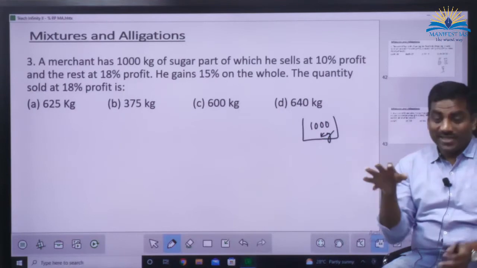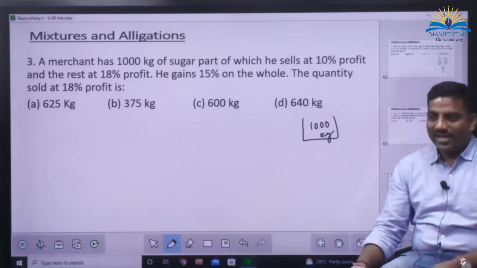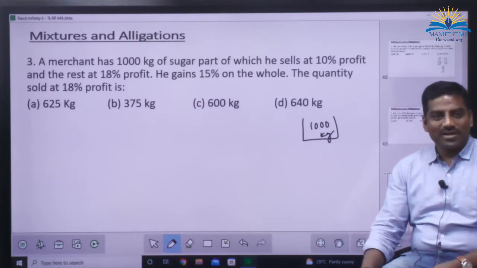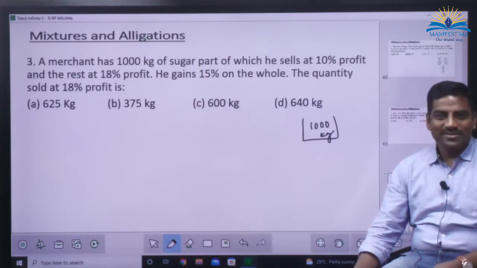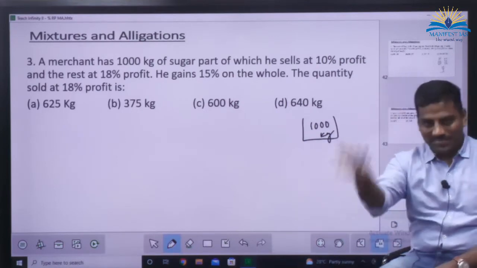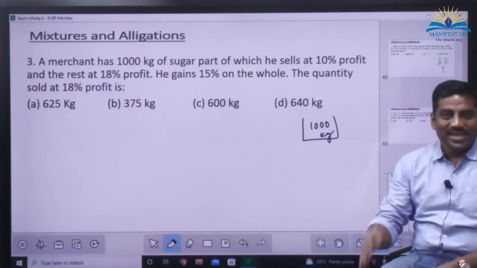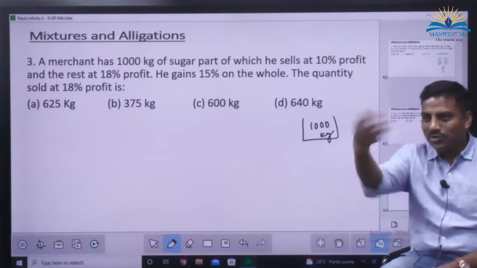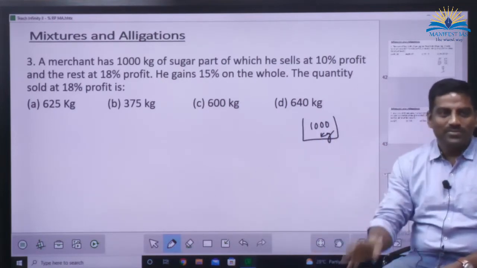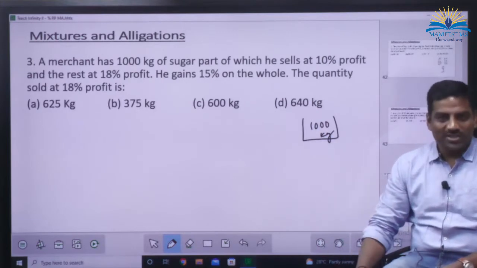Evening under lights, green, everything. Again, he will charge more. At 9 o'clock, he has to go to his house, no? He can't throw it on the road. Rather than I put it in the dustbin, you put it in your stomach. So cheap. So it depends upon the situation.